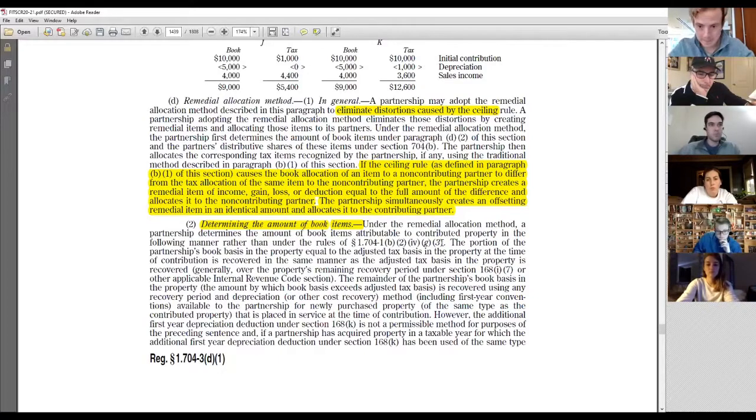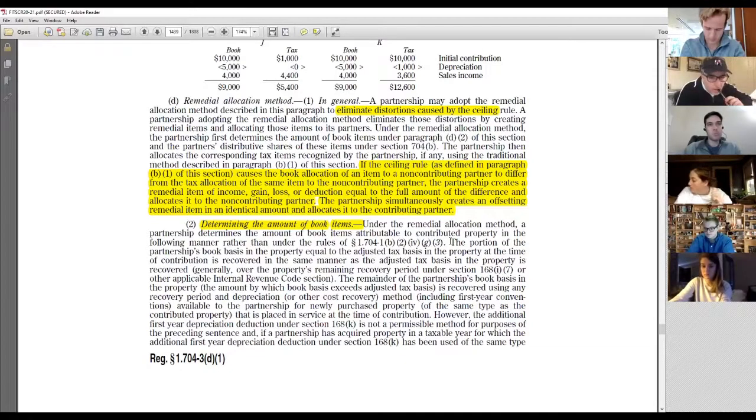So we're going to change the way you calculate book depreciation when you use the remedial method. This is why the remedial method is not necessarily always a win for the non-contributing partner with respect to built-in gain. You think it might be a win because you can make it up, and you don't have to rely on there being actual items to cure. But we're going to see that the book depreciation is slowed down, and that has ripple effects.